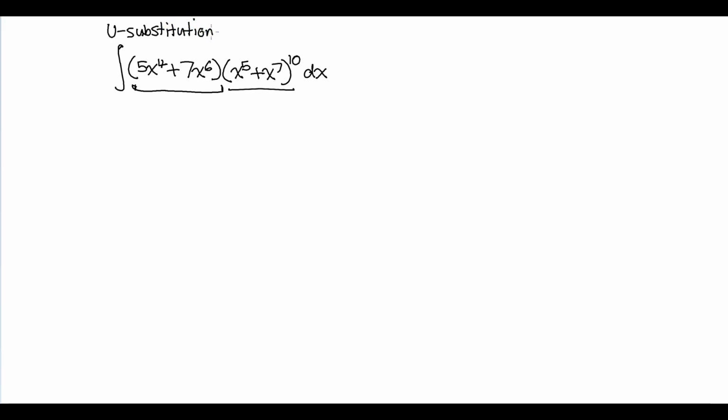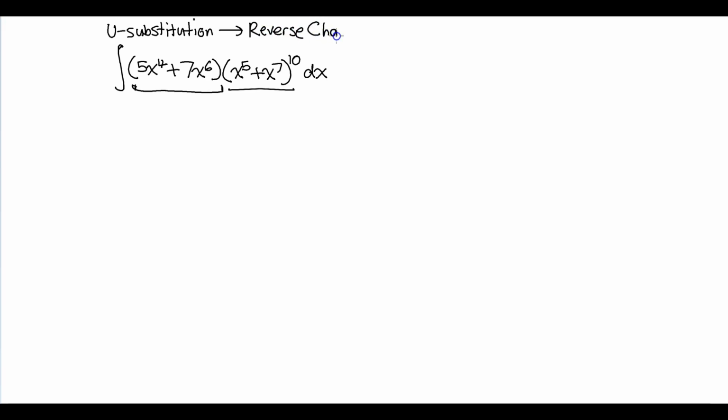So let's not expand this out and use U-Substitution. And U-Substitution can basically be defined as the reverse chain rule or the inverse chain rule.